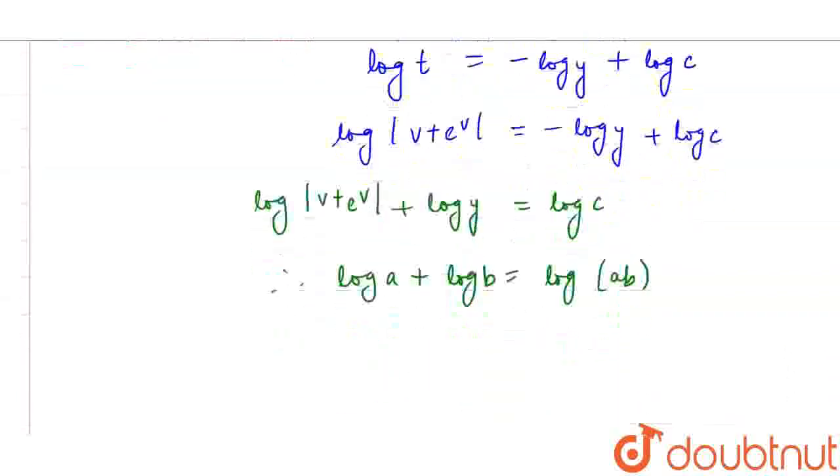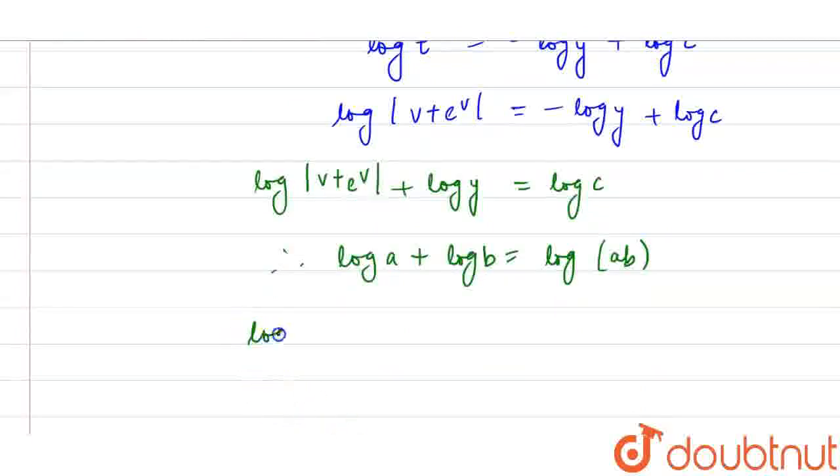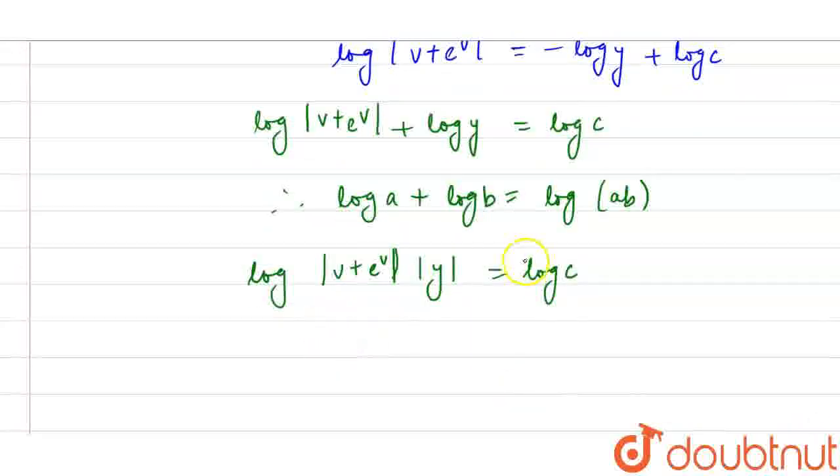Using this property, we can write log of (v plus e^v) multiplied by y equals log c, because log a plus log b is log ab. If we compare both sides, the log and log cancel out, so we are left with (v plus e^v) multiplied by y equals c.